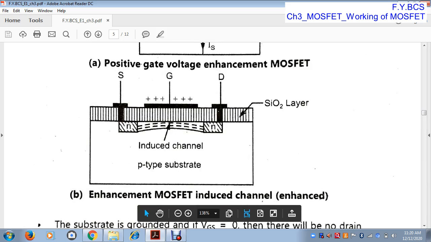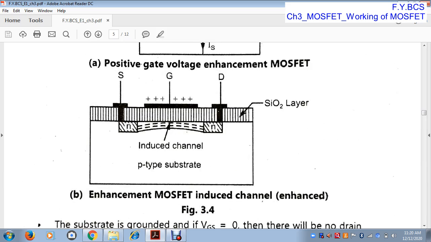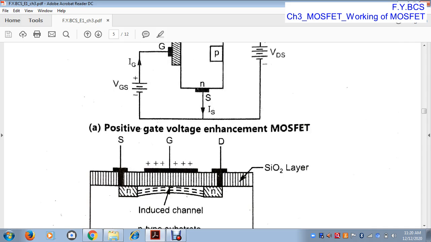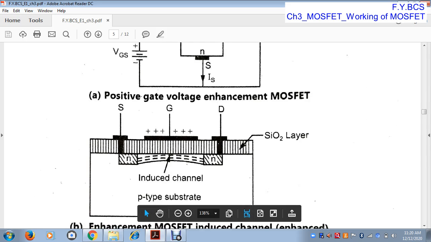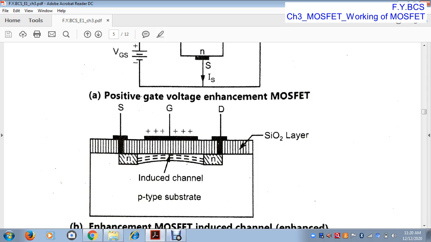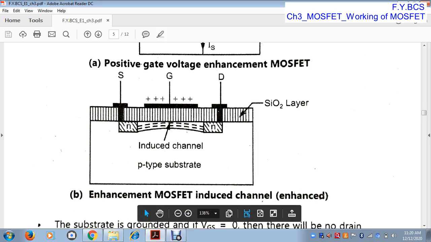If we provide a positive gate-to-source voltage, positive charge will accumulate on the gate, and so the gate attracts the electrons and repels the holes.